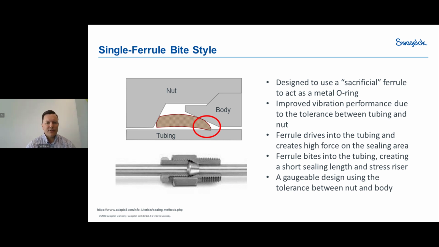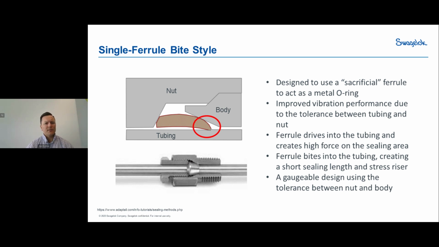There's high sealing force when the nut drives that ferrule against the body and then ultimately into the tubing. It does improve the vibration performance compared to some of the other connections we've talked about. It's also gaugeable, so that maintains the gaugeability of something like an O-ring style fitting, while also improving on the flex support and minimizing entrapment areas for corrosion.